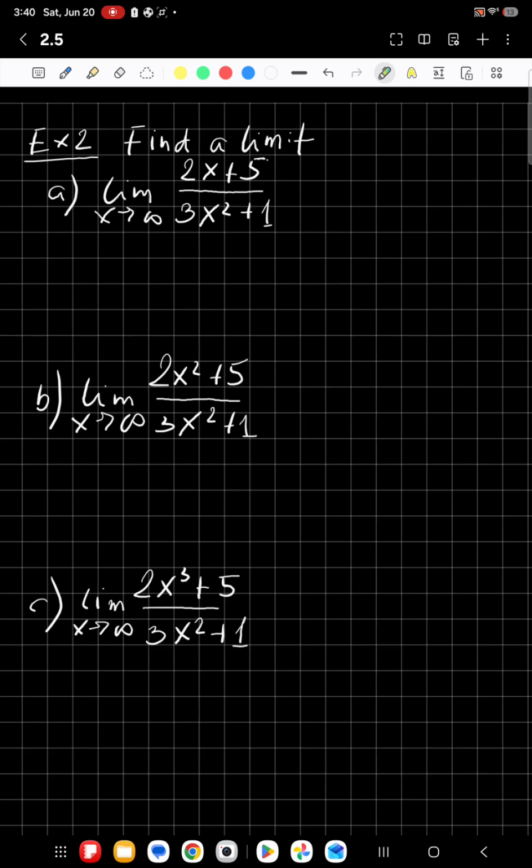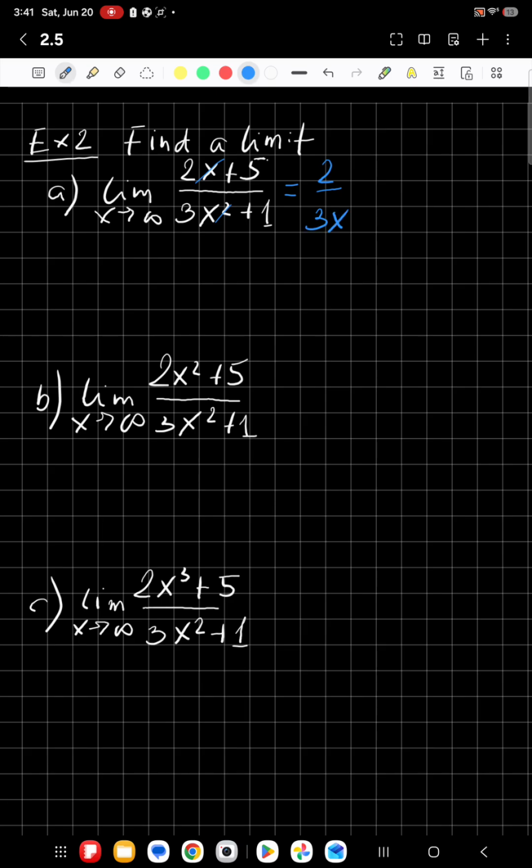Then we can cancel this x with this x, and keep those 2 and 3. So I'll have 2 on the top and 3x at the bottom.